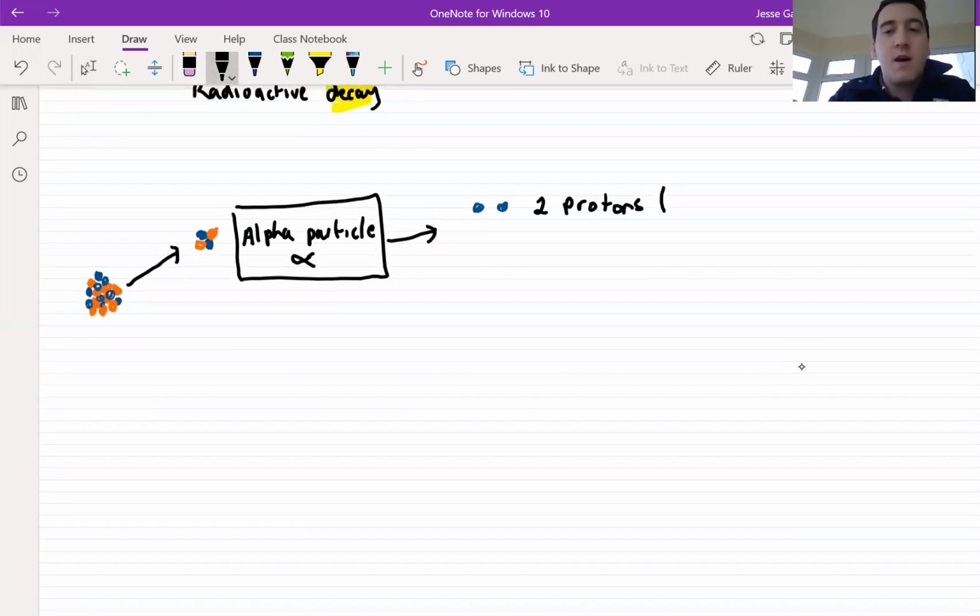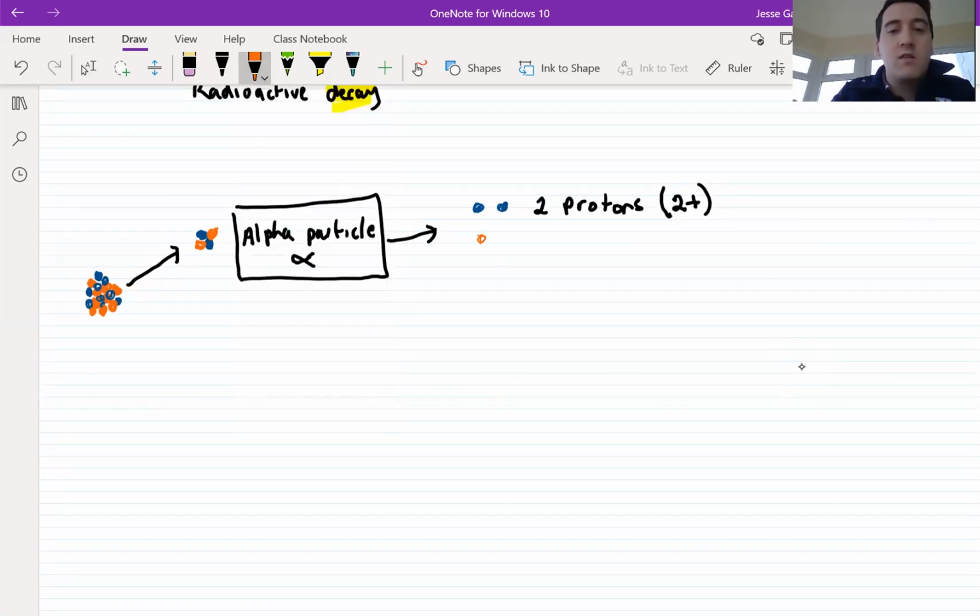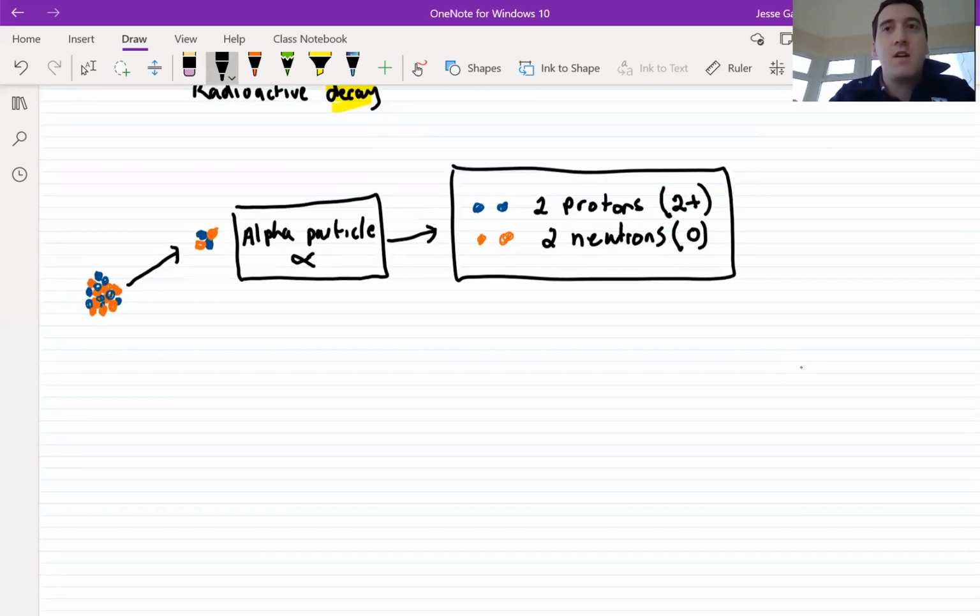So that's going to give the total particle, the alpha particle, a 2+ charge because you've got 2 protons. The alpha particle also contains 2 neutrons. So there are the 2 orange particles, 2 neutrons. Now neutrons have no charge, so these do not contribute to the charge. So that is the alpha particle.